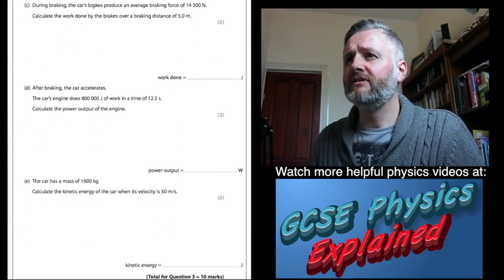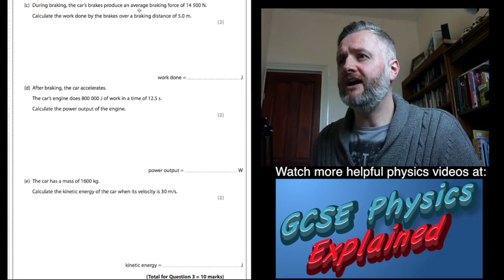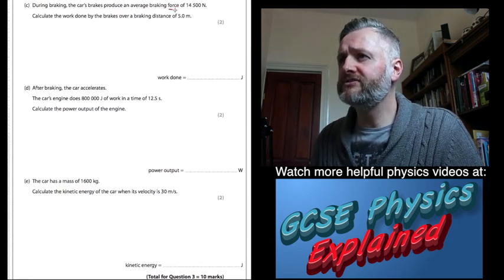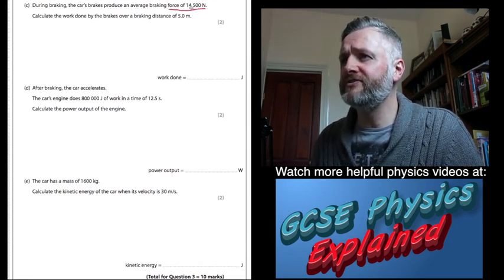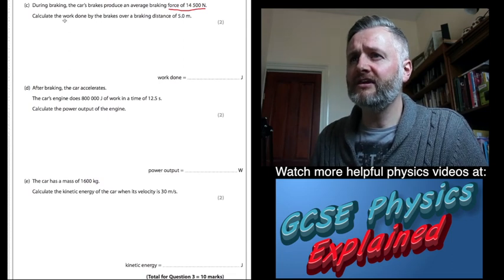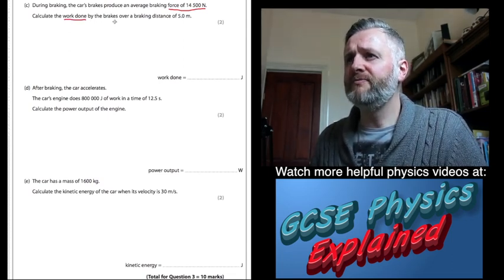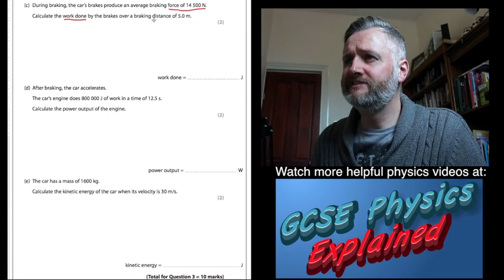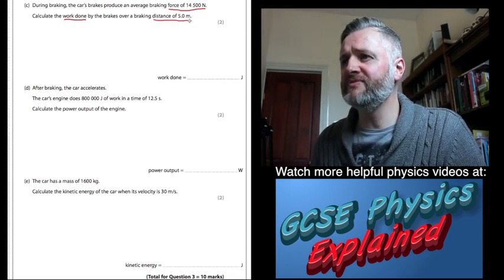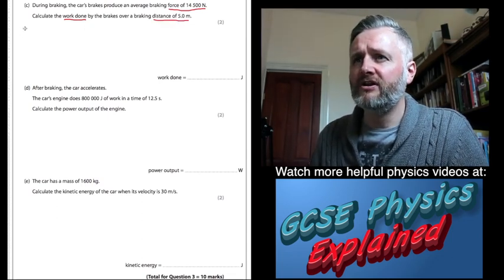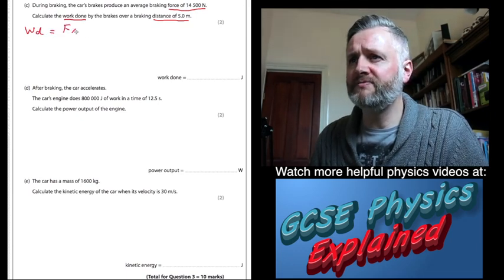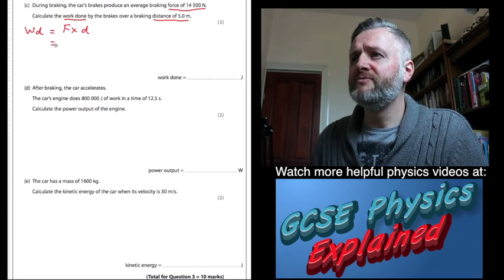During braking, the car's brakes produce an average braking force of 14,500 newtons. Calculate the work done by the brakes over a braking distance of 5 meters. So work done equals force times by distance. Just lob the numbers in.